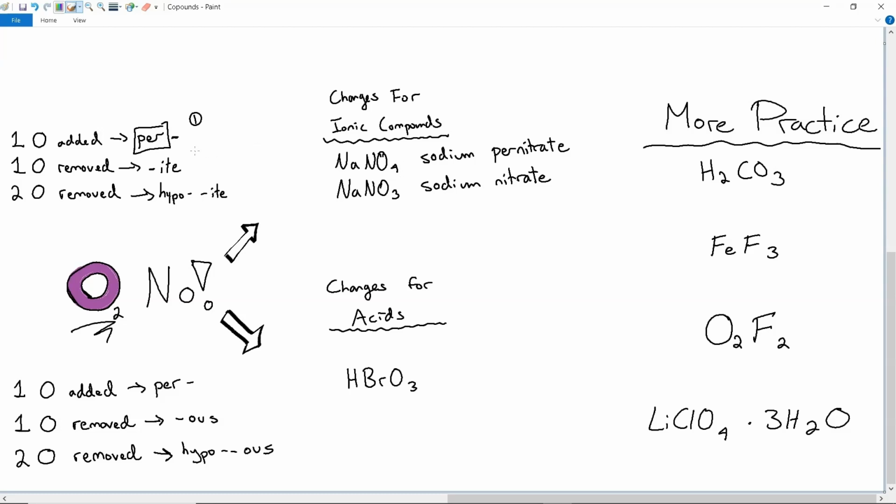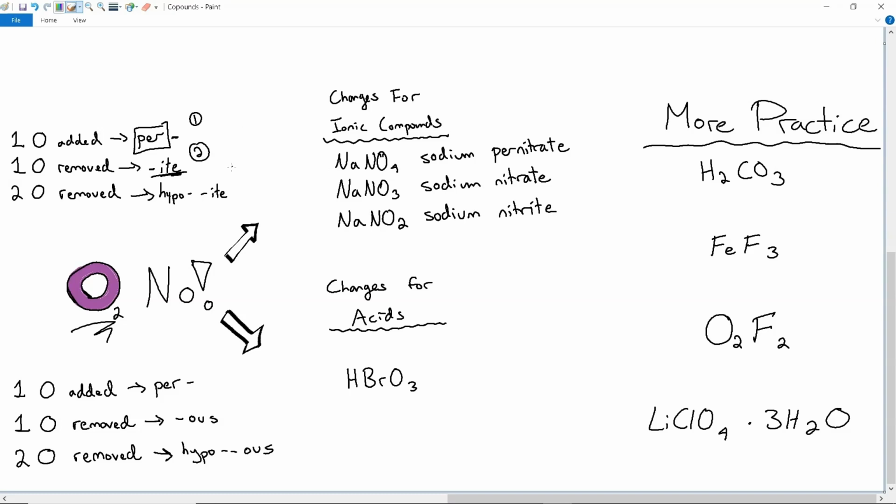Okay, what if we move on to the second naming convention? We're removing an oxygen, and the suffix of ate turns into ite. Let's write that out. We would have sodium here, and then NO2. So this becomes sodium nitrite.